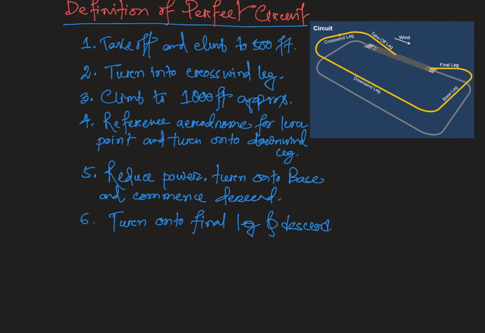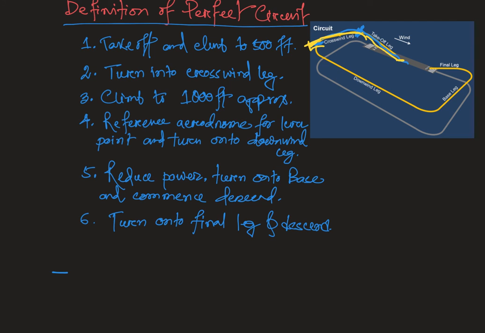Now, the definition of a perfect circuit. Number 1, takeoff and climb to 500 feet. Number 2, turn into the crosswind leg.